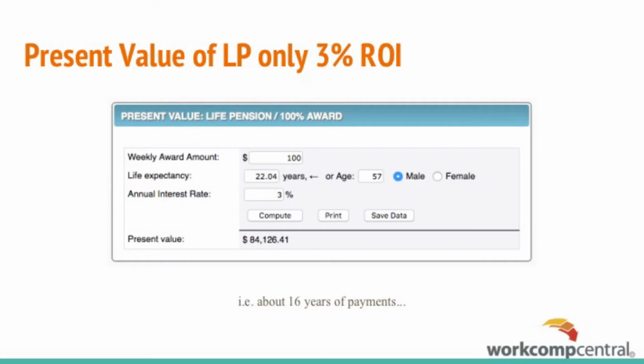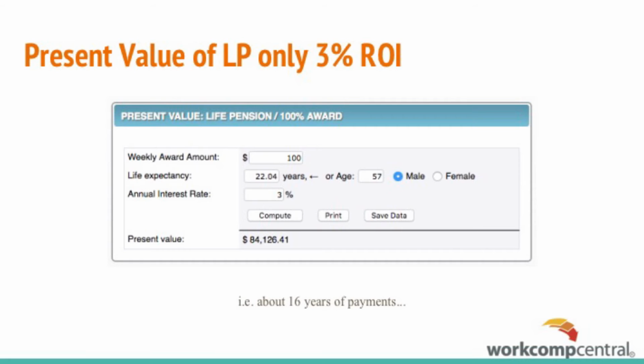So this is another way to look at it. This is one of our other calculators, and this is simply what the present value is of an annuity payment. The reason I used $100 per week is because it's easy to calculate $100 and see what the differences are.